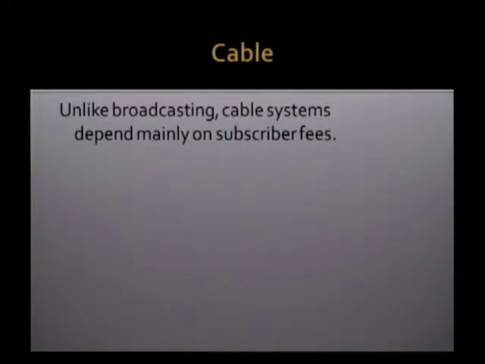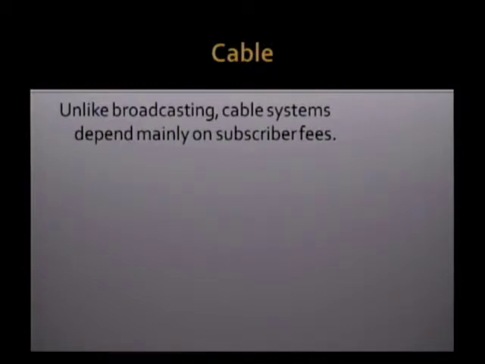Note that there's a difference between cable systems like Comcast and Time Warner and cable network stations like USA, ESPN, MTV, etc. A cable system is made up of various cable stations and broadcast station offerings. Okay, so just remember there's a difference between cable systems and cable channels.